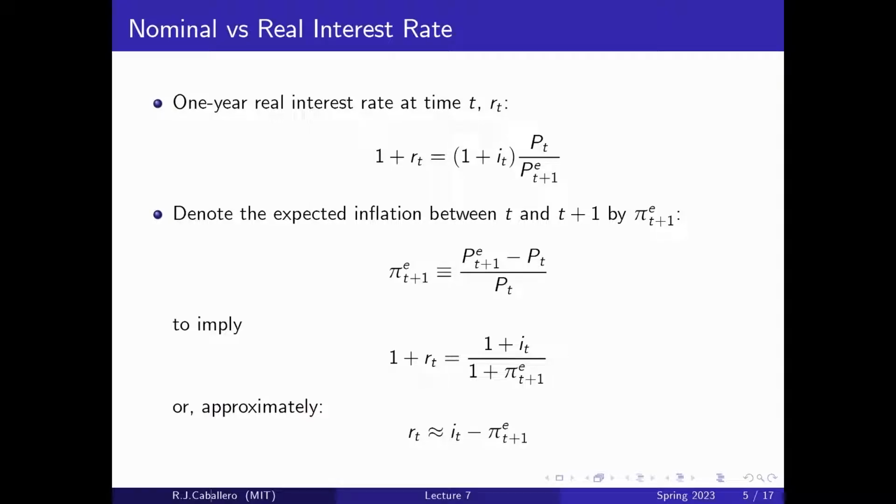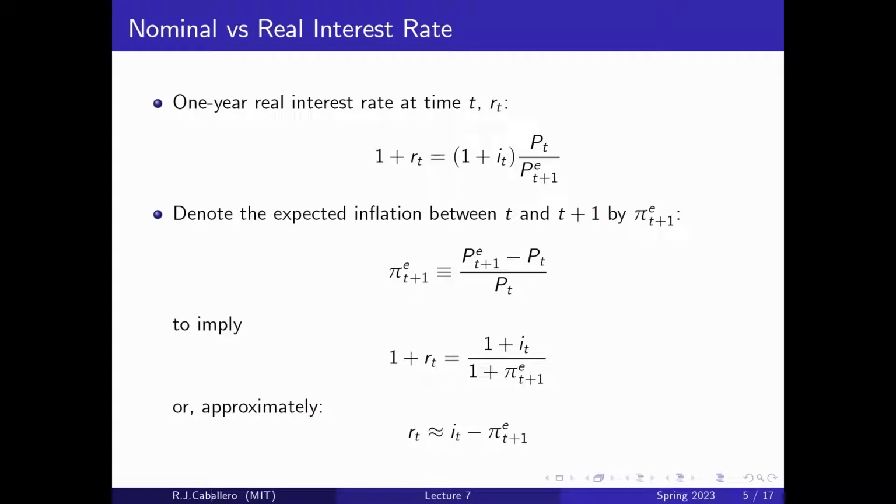Well, do a little algebra, and I can rewrite this as 1 plus the nominal interest rate over 1 plus expected inflation between t and t plus 1. I just replace this with 1 over 1 plus pi^e_{t+1}. Just algebra. So now I have a relationship.